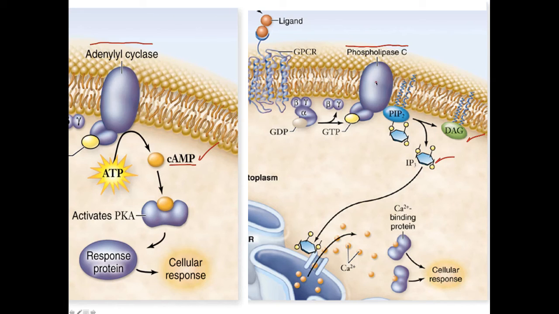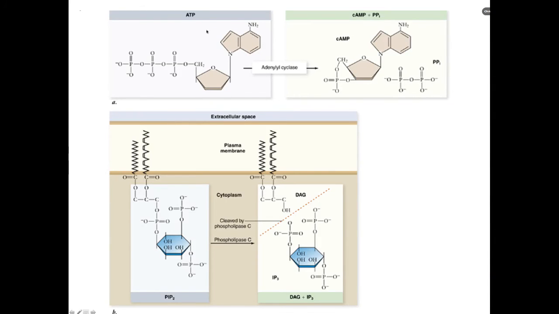production by phospholipase C. Here is ATP, and activated adenyl cyclase, the effector protein, which is an enzyme, a membrane-bound enzyme, can cyclize ATP, releasing two inorganic phosphates.